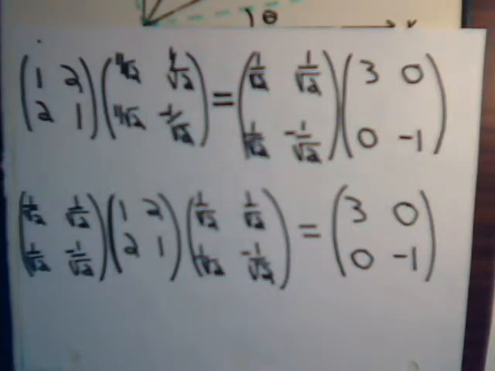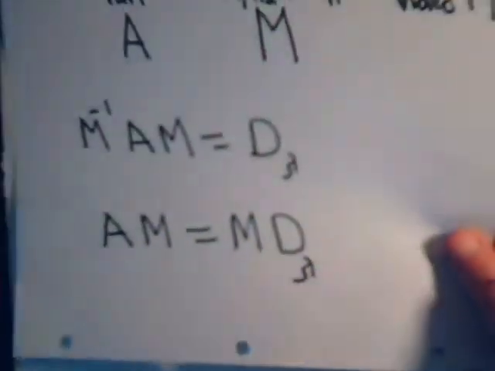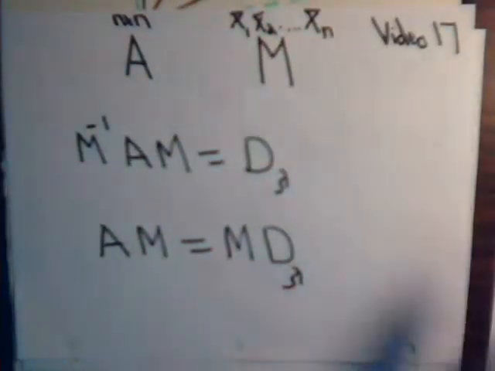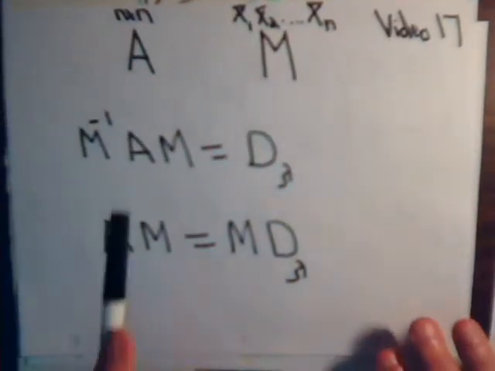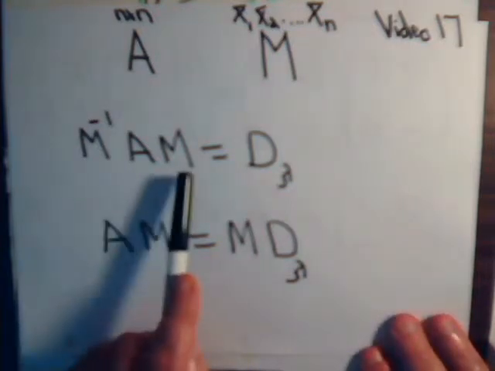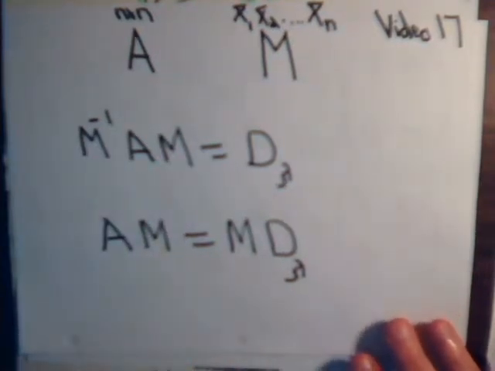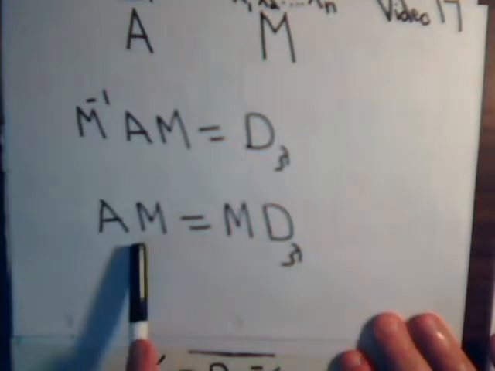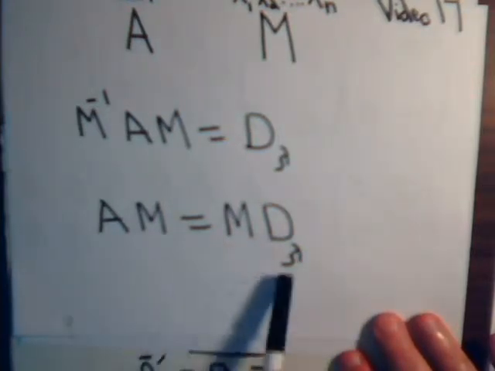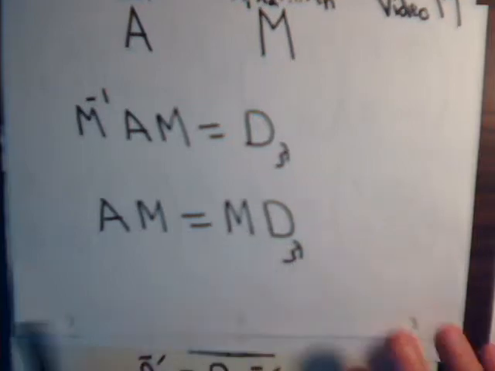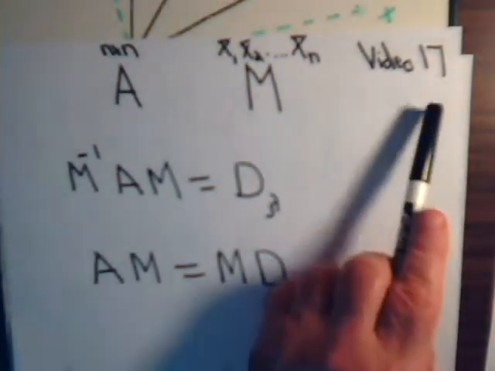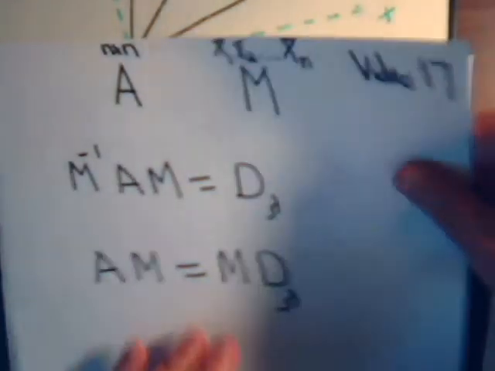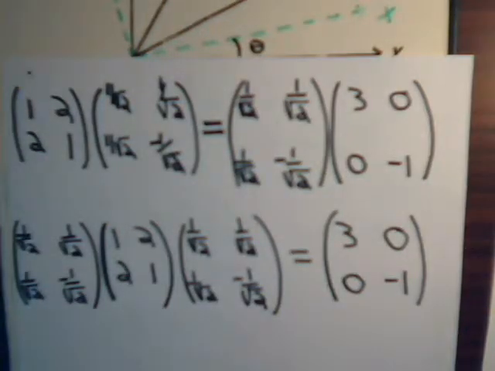This is what we had written right here. Matrix A times its model matrix equals the model matrix times the diagonal matrix, just as we derived in video number 17. And that is what we have here.